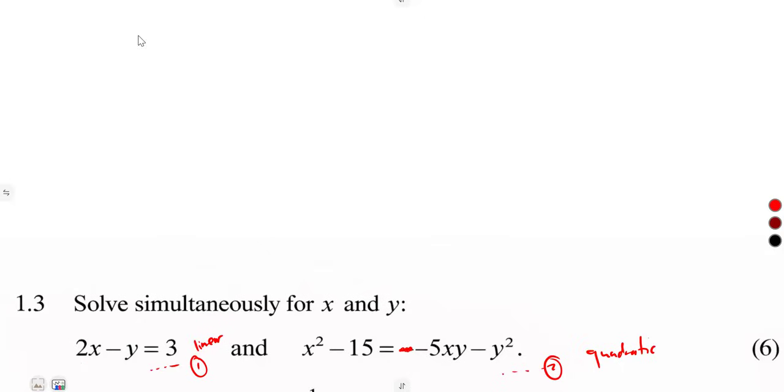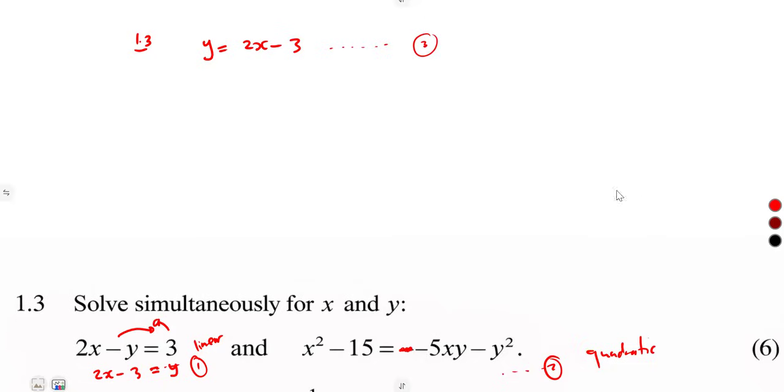So what I can simply do is to make y the subject from the linear equation. I'm going to take it to the other side, so it's going to be positive. Take 3 to the other side, so it's going to be negative, so it will be 2x minus 3. So I have made y the subject. Y is equal to 2x minus 3. This is now our equation 3.